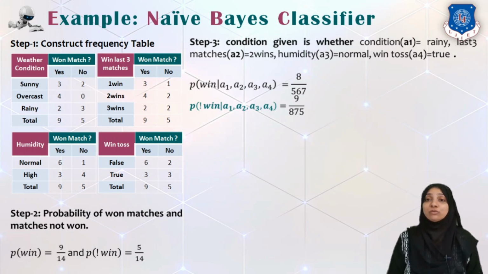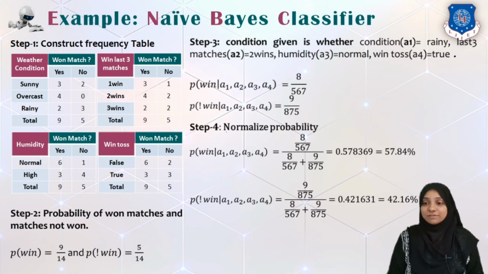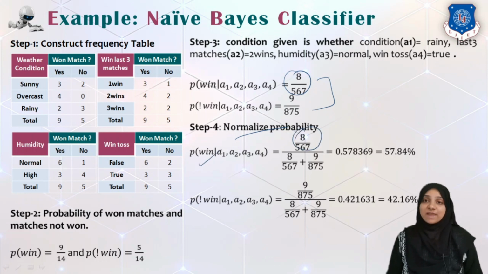So we now have two different values: the probability of winning given that all four conditions happen, and the probability of not winning given that all four conditions happen. So we have 8 by 567 and 9 by 875. Let us normalize them. Normalizing is nothing but taking our given value divided by the sum of these values. So for winning, the given value is 8 by 567 divided by the sum of these probabilities, which turns out to be 57.84%.